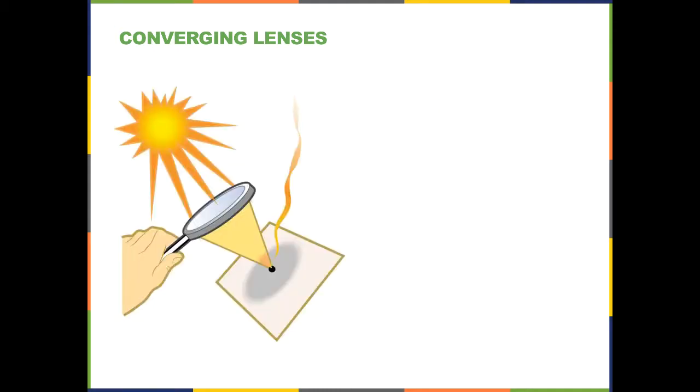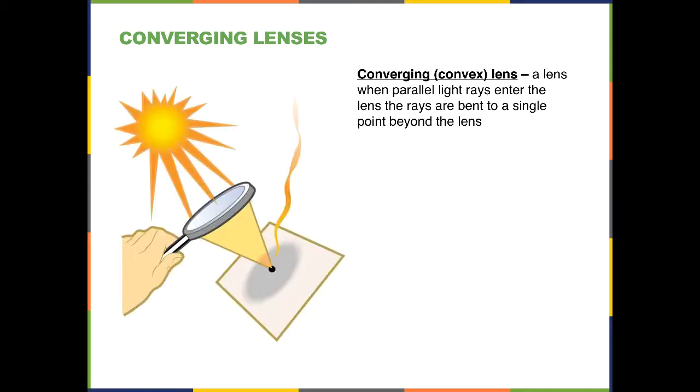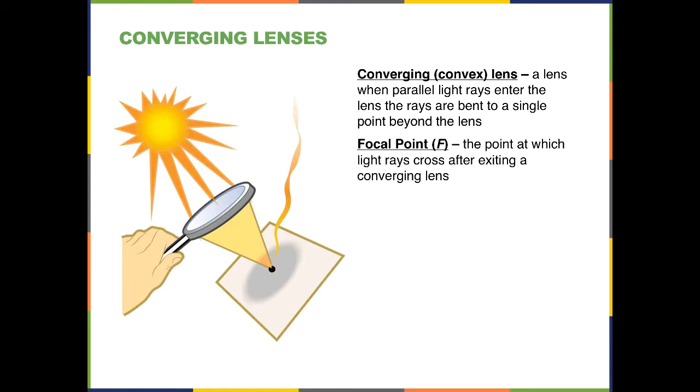And if we look at this in more detail, a converging lens, as I said, takes parallel light rays and can converge them on a single point that's beyond the lens. The focal point is the point at which those rays are converging, and the focal length is the distance from the center of the lens to the focal point.